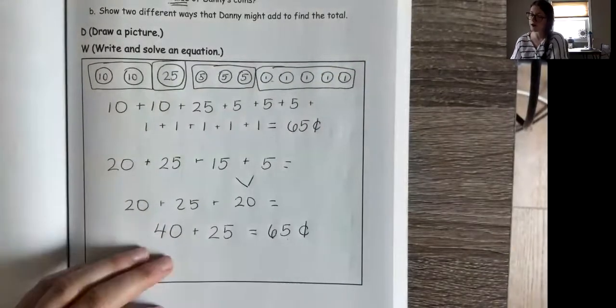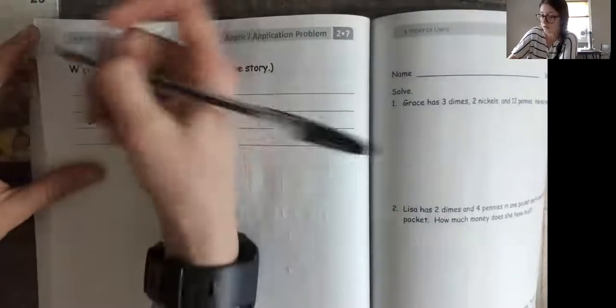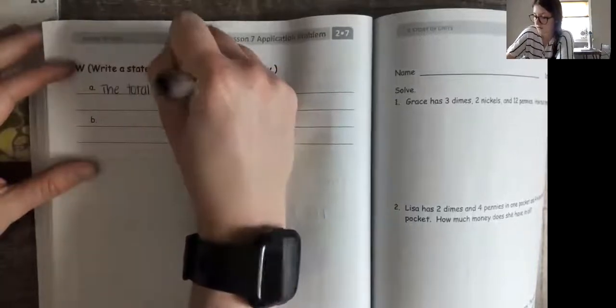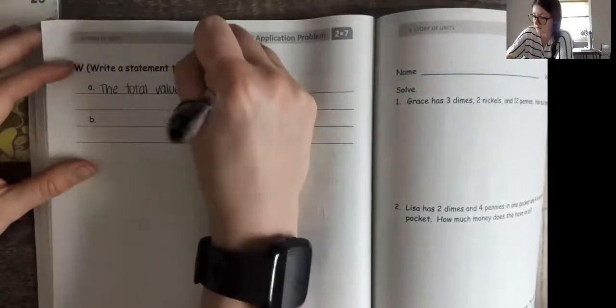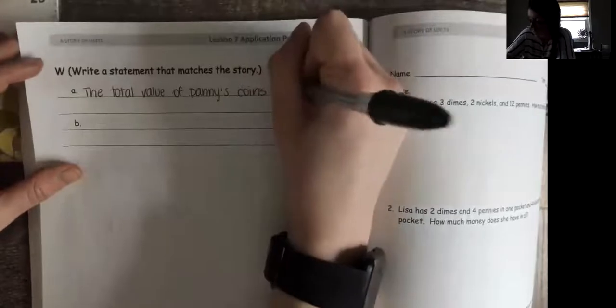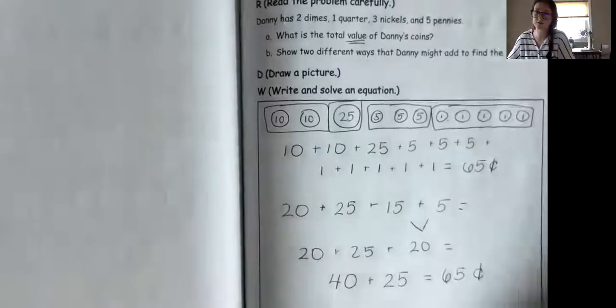So the total value of Danny's coins is 65 cents.